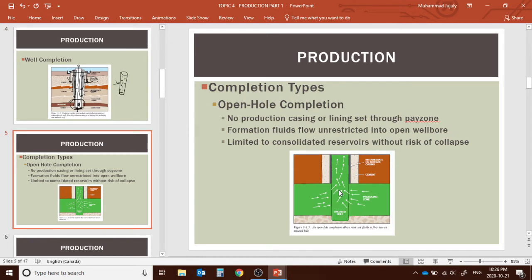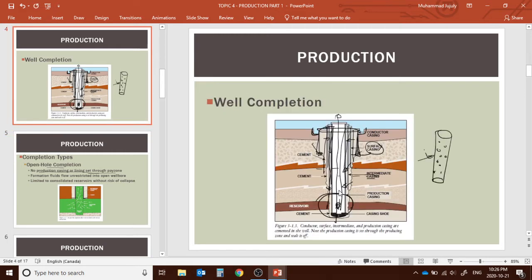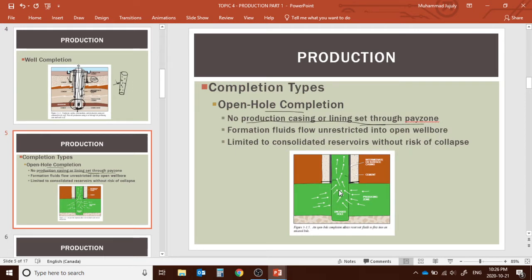With an open hole completion, there is no production casing or liner set through the pay zone. We don't put the production casing here, we just put our tubes inside, and oil and gas come in through there. But this is a very ancient way of doing it.